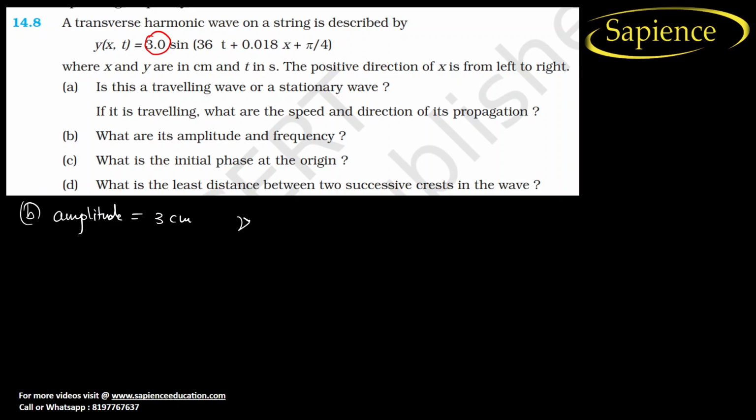If you want to find frequency, what will be the formula? Let us write here the formula. Frequency nu is equal to omega by 2 pi. The value of omega is 36 and the value of 2 pi is 2 pi.